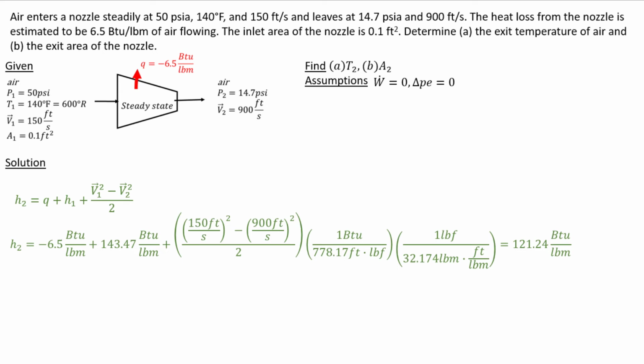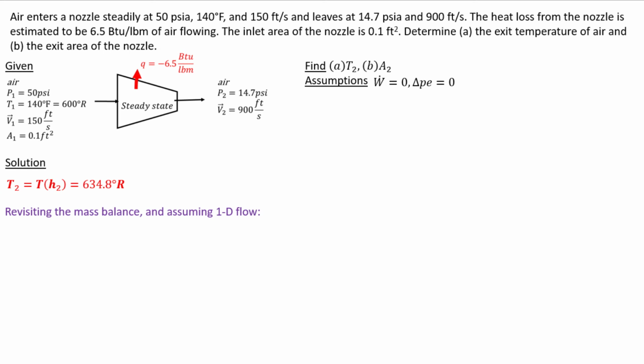So if I plug in my numbers and I watch my units there, I get 121.24 BTU per pound mass. And if I go to my ideal air tables and interpolate for the temperature at h2, I get about 507.4 degrees Rankine.